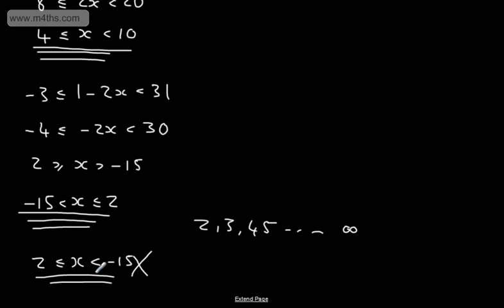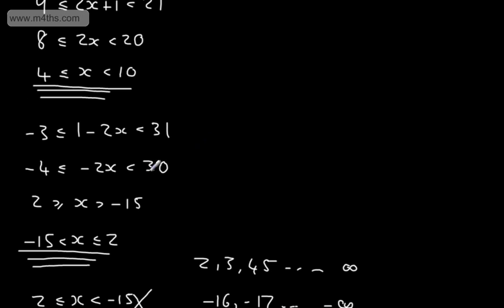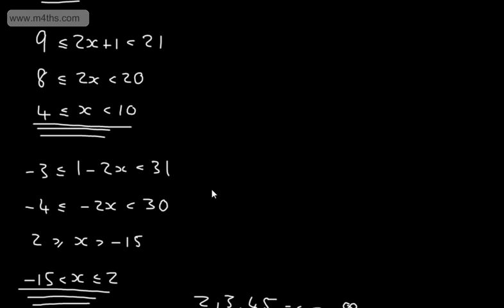And then this one right here, at the same time it has to be less than negative 15, so it's got to be negative 16, negative 17, and so on, right the way up to negative infinity. Now, there's no number that satisfies both of those. So hopefully you can see dividing through by a negative or multiplying by a negative, we change them over.